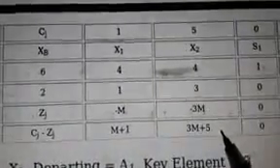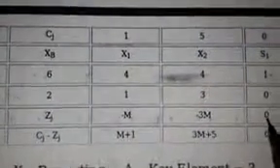Here Cj minus Zj is equal to 5 minus Zj, that is 3M plus 5. Similarly, this is 0 into 1, 0, minus M into 0, that is 0. So Zj is 0, so 0 minus 0, that is Cj minus Zj, is also 0.